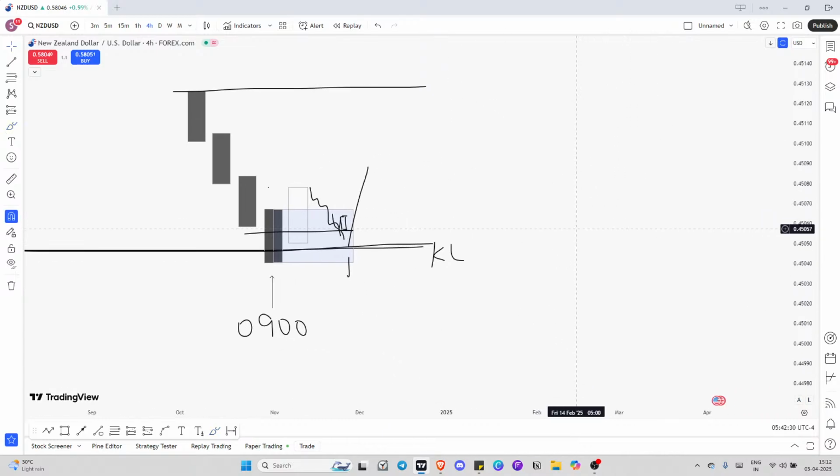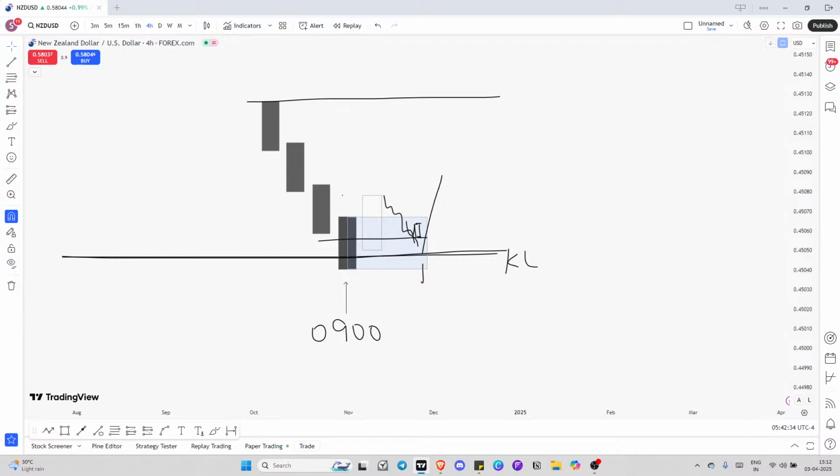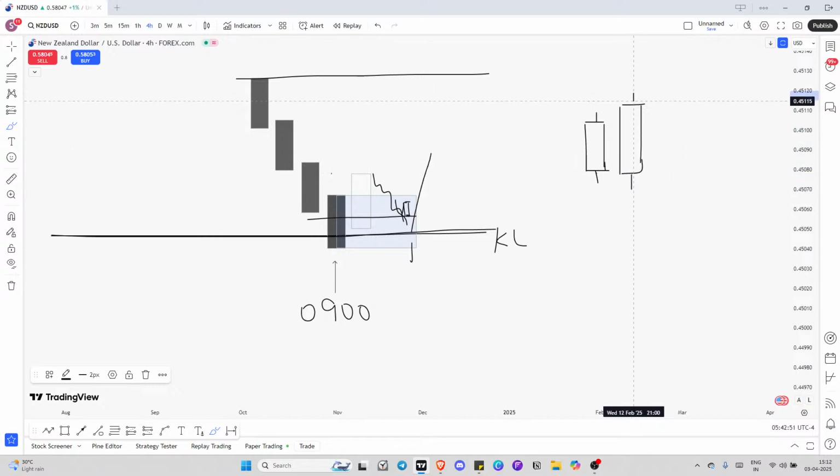So the best thing that we are doing here is that we're not trying to predict what's happening, we are reacting with the market makers.